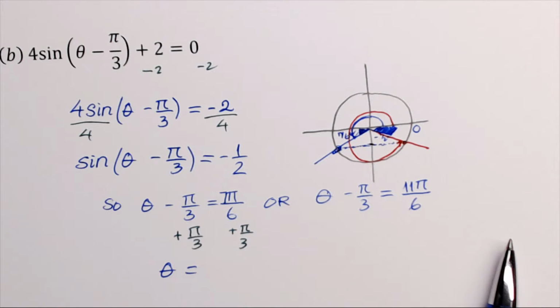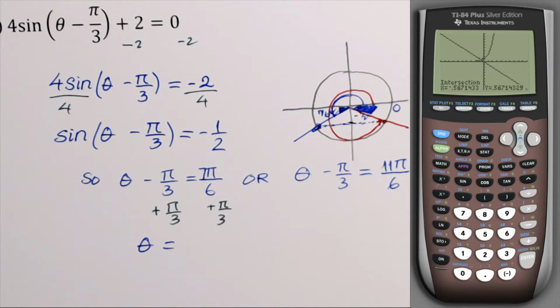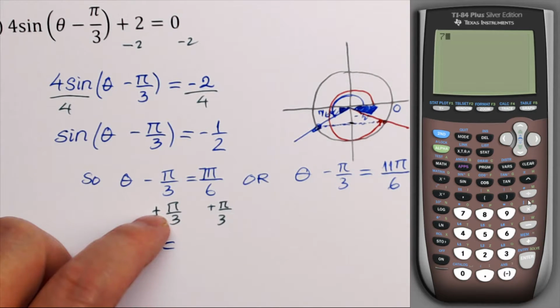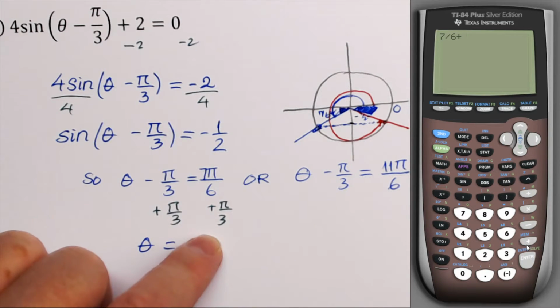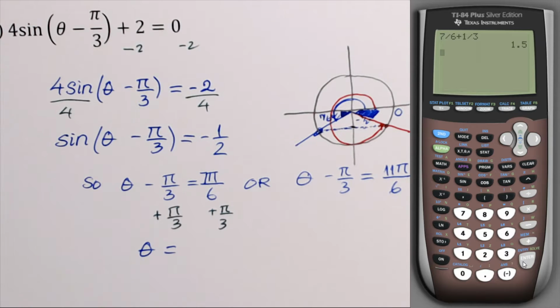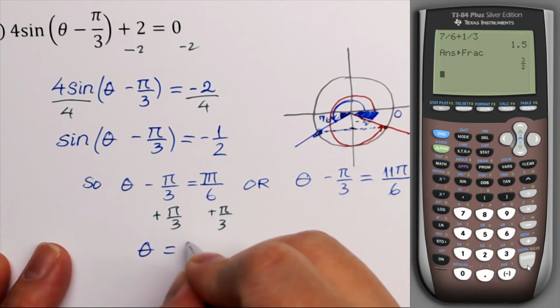And by that I mean we have 7 over 6 plus 1 over 3. Just ignore the pi. We have 1.5, which we can turn to a fraction. That will be 3 pi over 2.